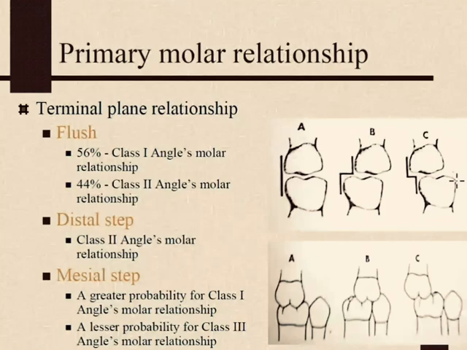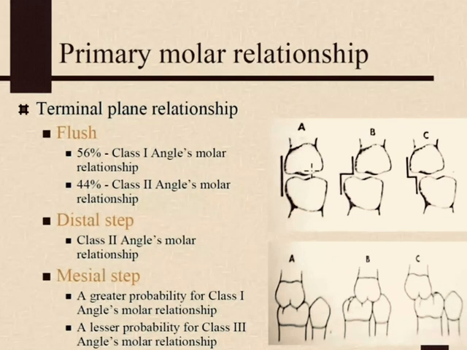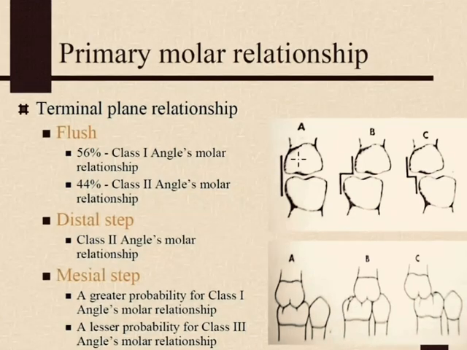Now, the primary occlusal measure is what is called the terminal plane relationship. What is the terminal plane relationship? It is the anterior-posterior molar relationship in the primary or deciduous dentition.